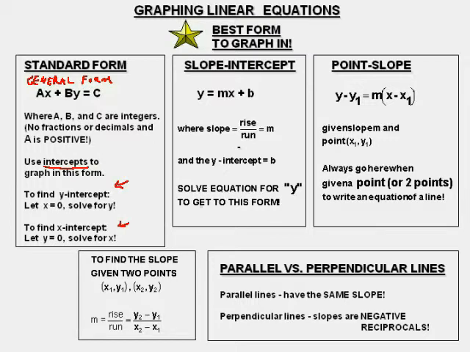All right. Now, we're going to look at what's called the slope-intercept form next. So I'm going to get my graph paper back out here and see if I can be a little quicker this time. Loading this.